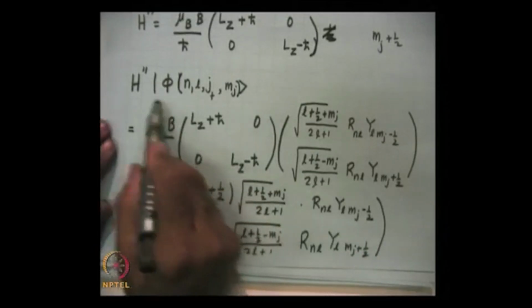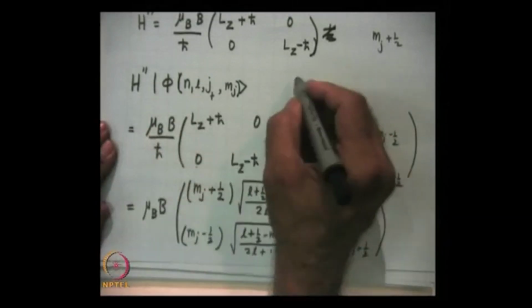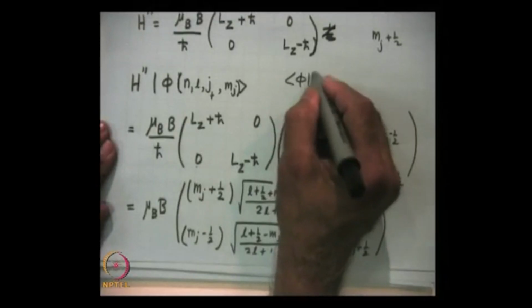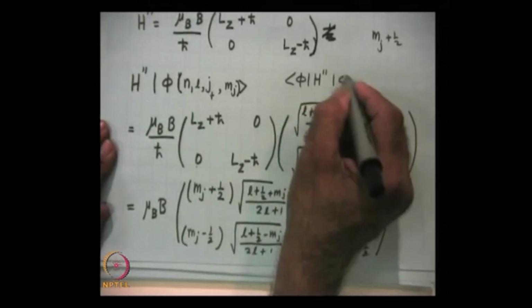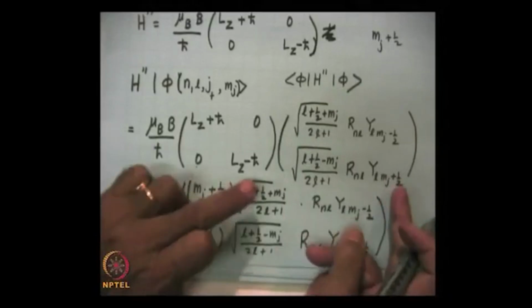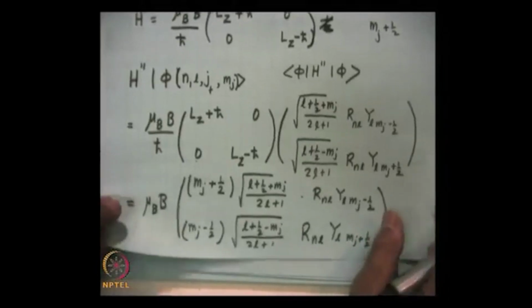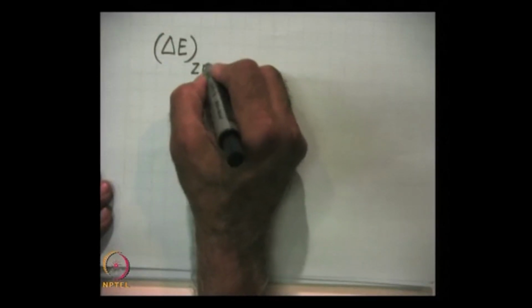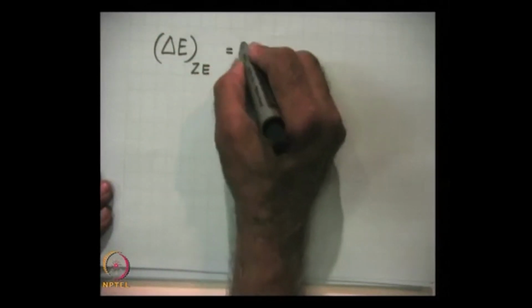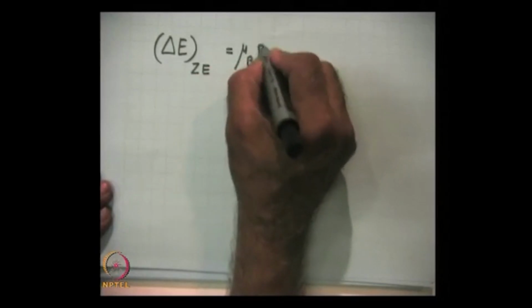And then the matrix element will be bra phi, H double prime, phi. You take the radial coordinate of that, multiply that and carry out the integration, and the final result is very simple. This is the delta E due to the anomalous Zeeman effect. I would request all of you to work this out yourself.